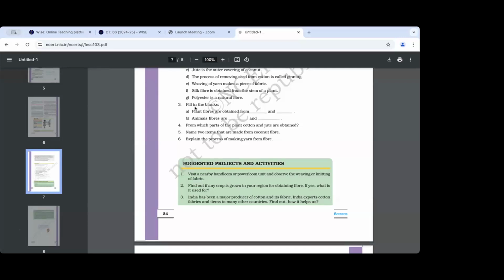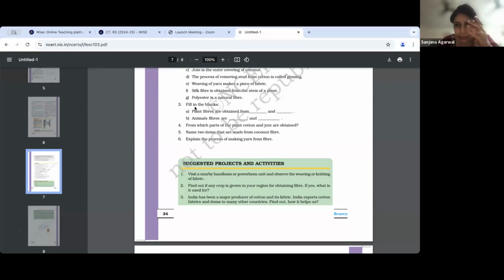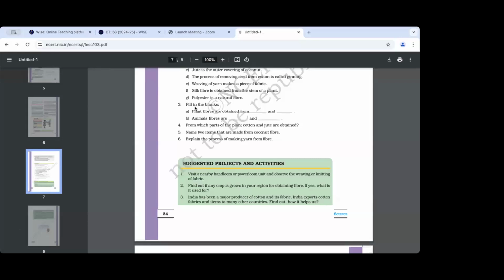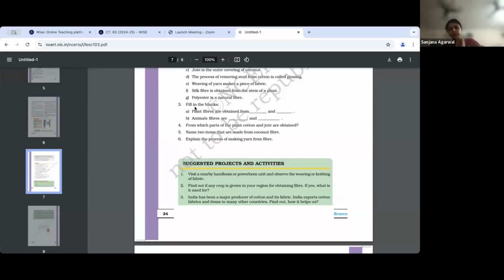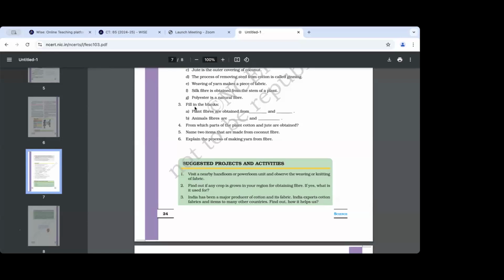Yes, ma'am. Okay. Ma'am, can I say for B1? Okay, Dakshin, you joined late. Animal fibers are wool and silk.